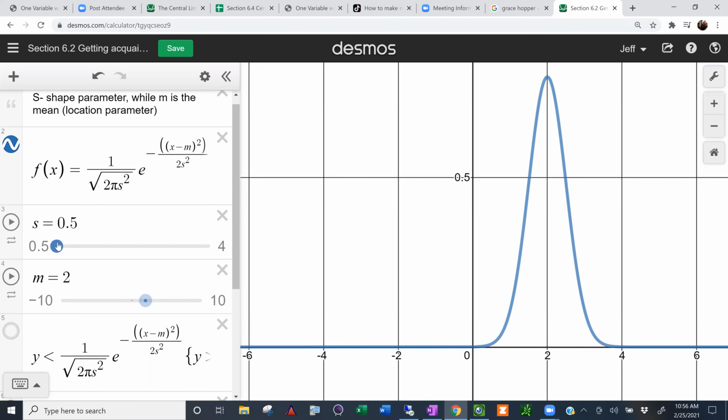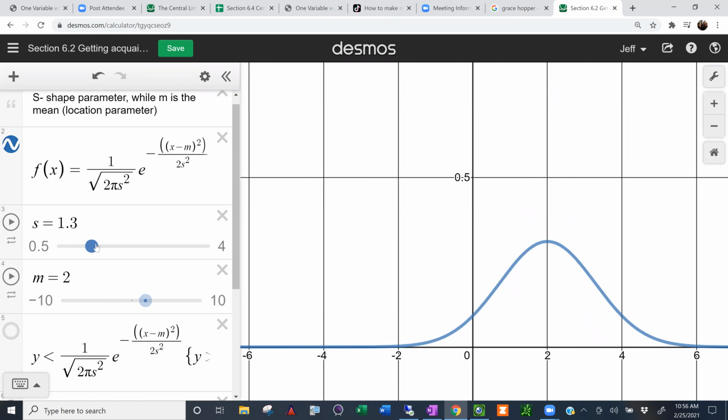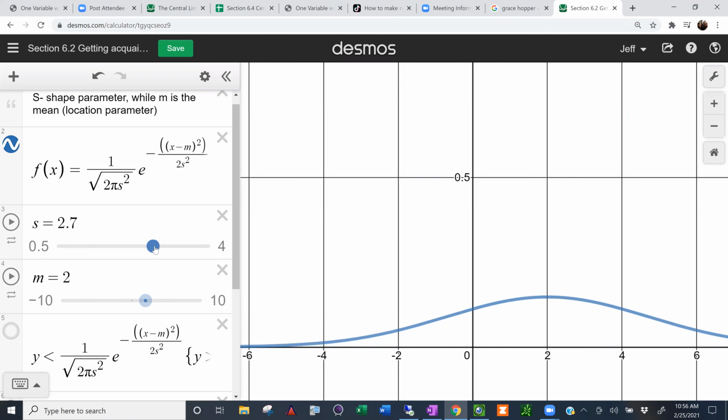If you don't take a large enough sample size, let's take a look here. If I increase the standard deviation, am I likely to get a value close to 2 if I sample out of this distribution? Not as likely.